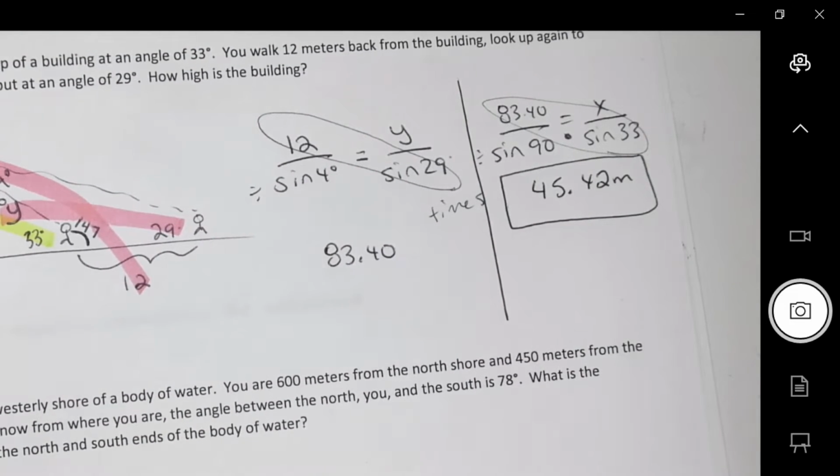So on your exam, I would expect to go 2 decimal places for your answers. Unless it's an angle, we'll just do 1.